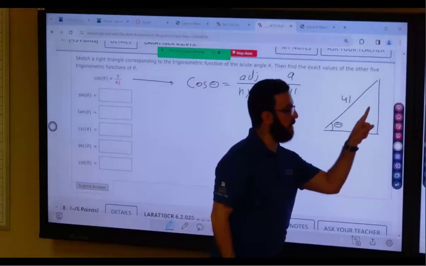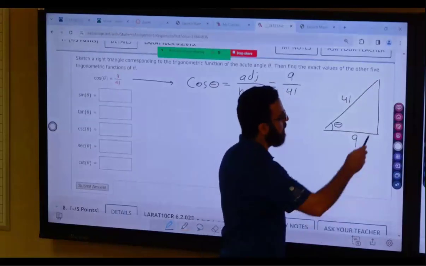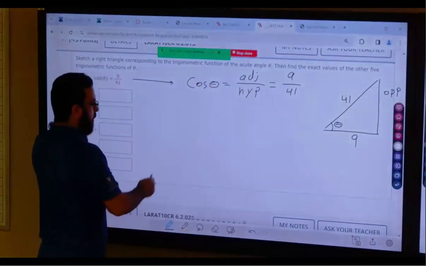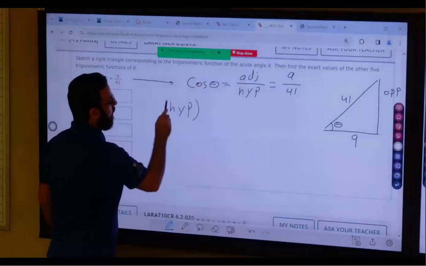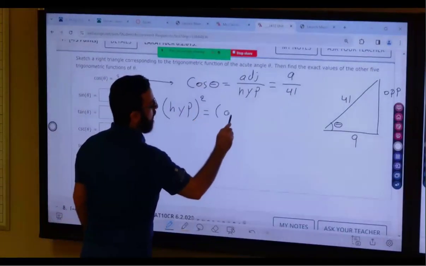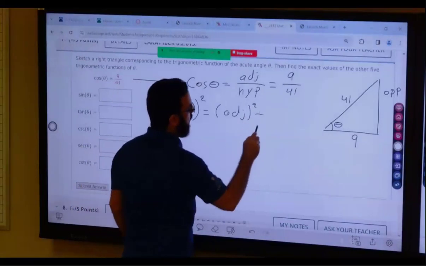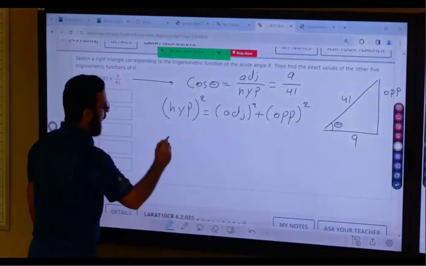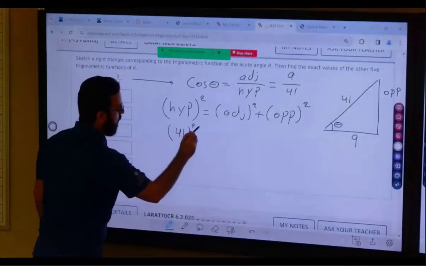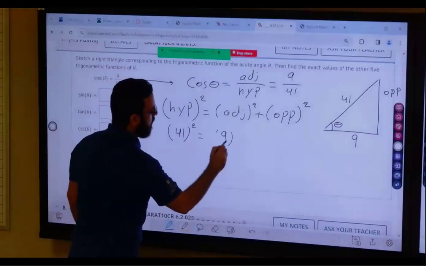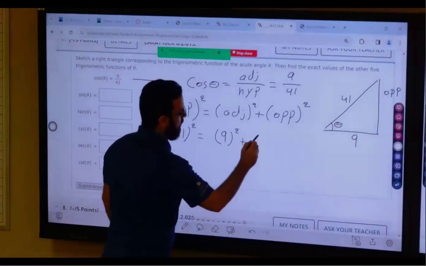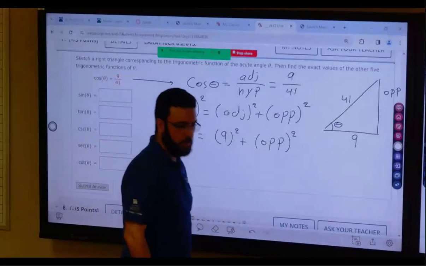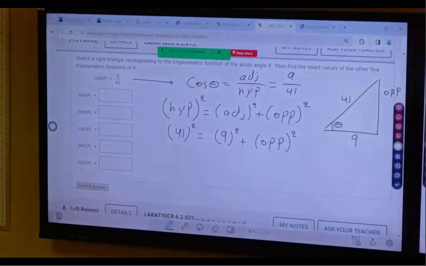Again, we're going to use the Pythagorean theorem to find the missing side, which is the opposite. 41 squared, and be careful, equals adjacent squared plus opposite squared. I have 41 squared equals 9 squared plus x squared.